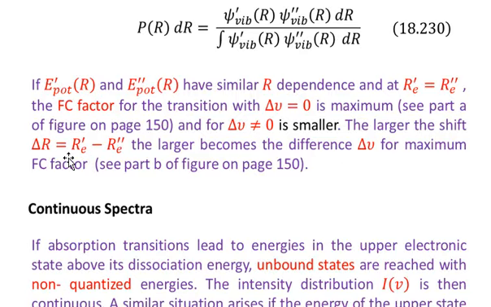If the shift delta R is larger, that is, the two electronic states have a larger separation between the two nuclei, then the difference delta nu for the maximum Frank-Condon factor can be observed.